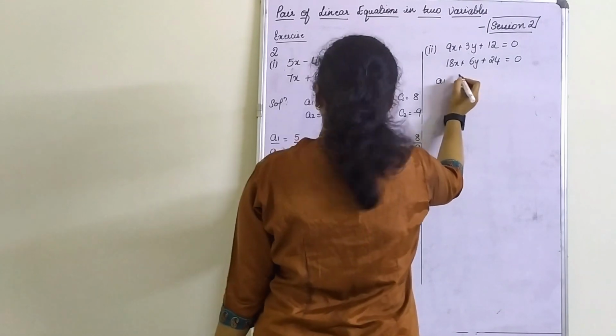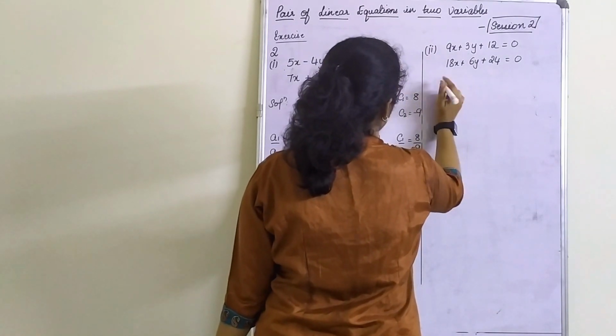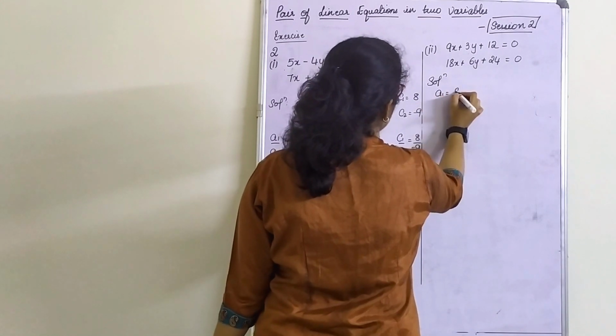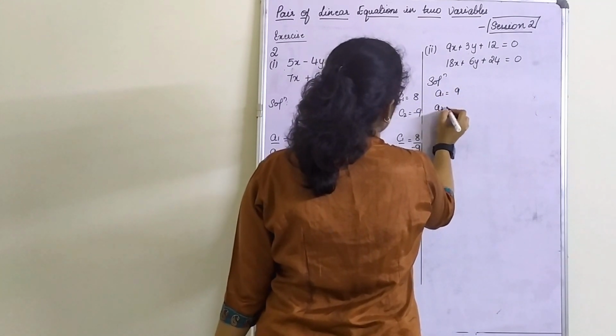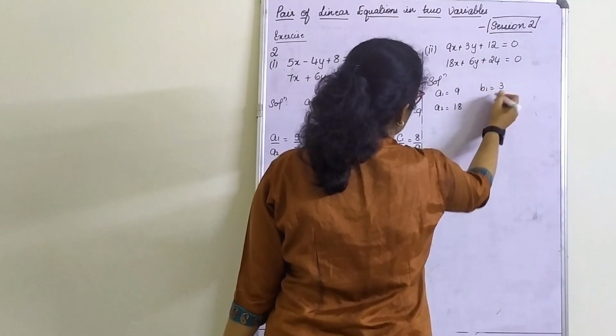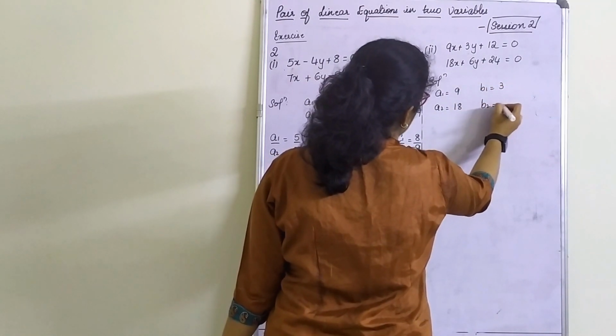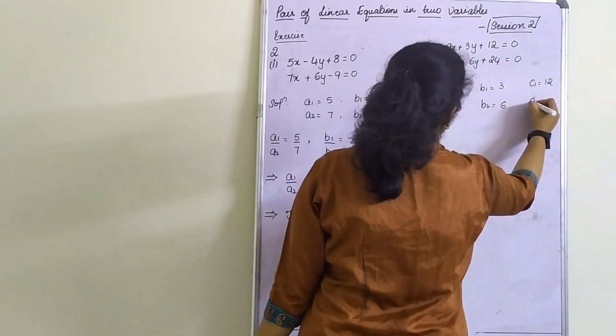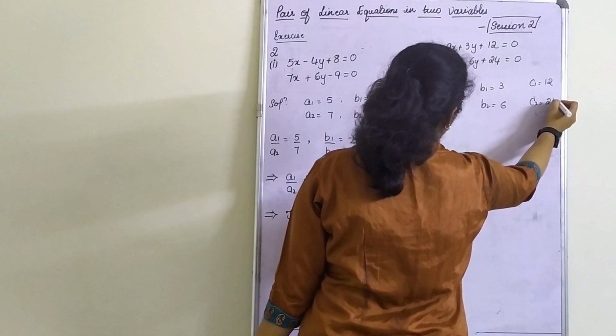So A1 is what? Solution. A1 is 9. A2 is 18. B1 is 3. B2 is 6. C1 is 12. C2 is 24.